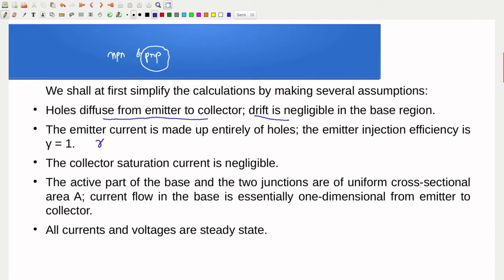The third assumption is that the collector saturation current is negligible.